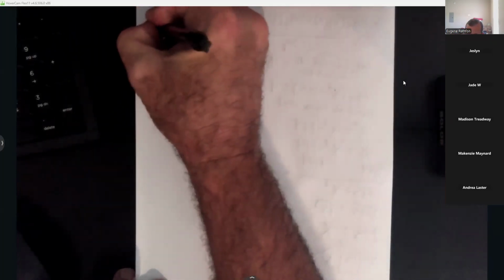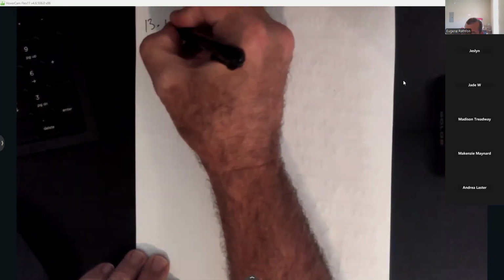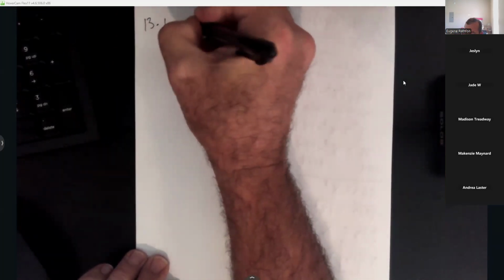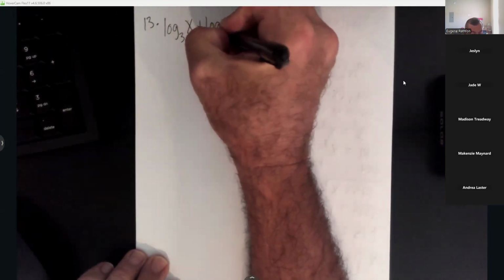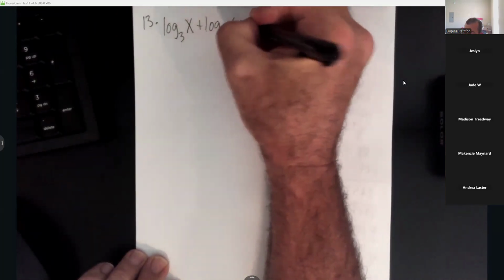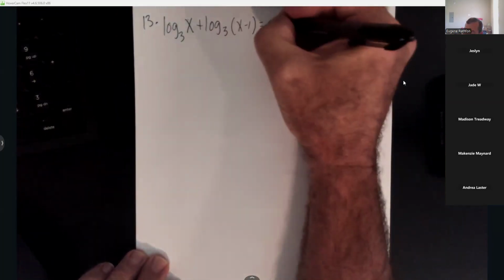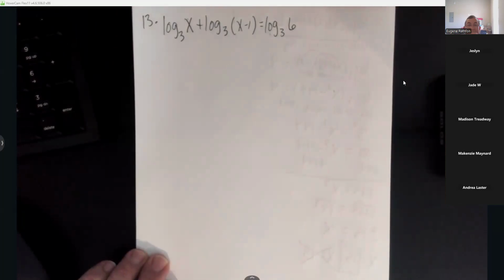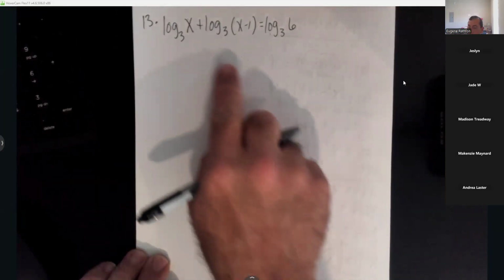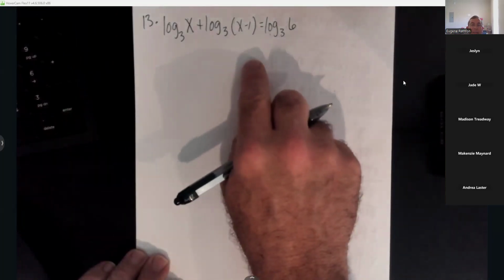All right, so 13 is this one. Log base 3 of x plus log base 3 of x minus 1 is going to equal log base 3 of 6. So your 13 actually had logs on both sides, okay?